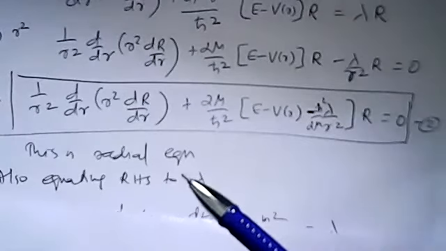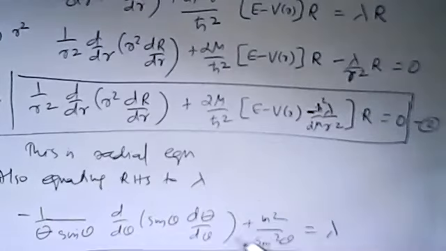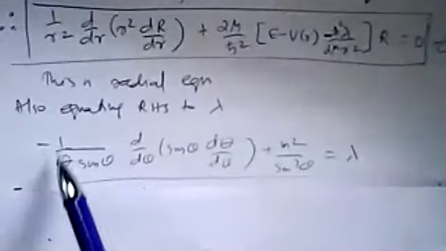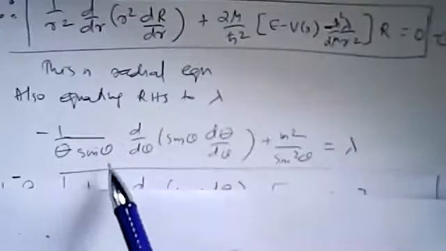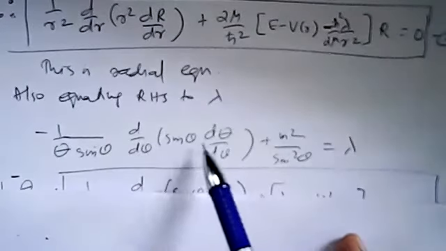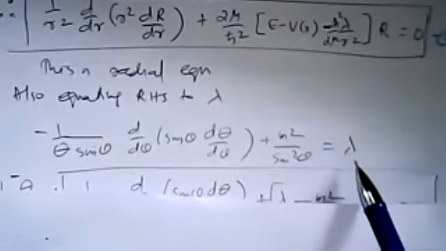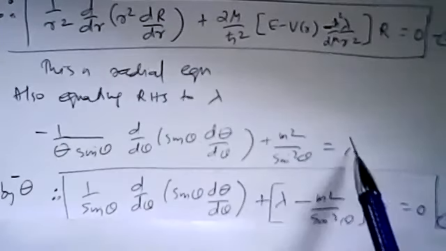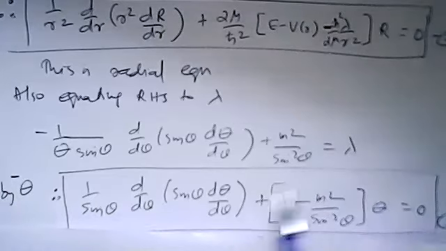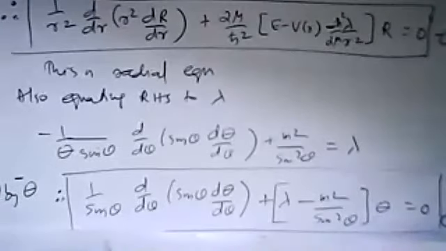Now equate the RHS, which was the theta term, again to lambda. So you get minus 1 by sine theta, dou by dou theta sine theta dou theta by dou theta, plus m square by sine square theta equal to lambda. Let the lambda come to the left side, then multiply with capital theta throughout.